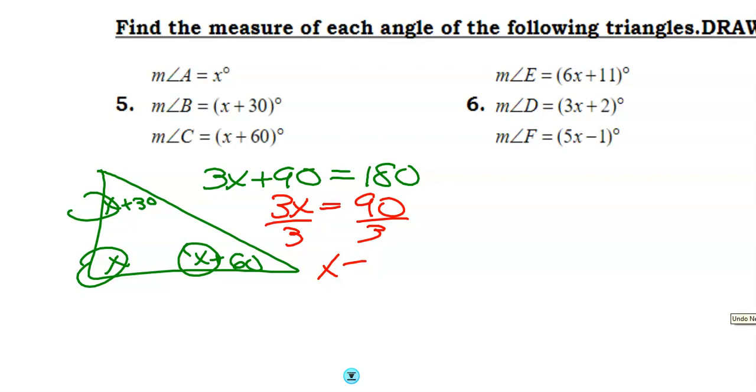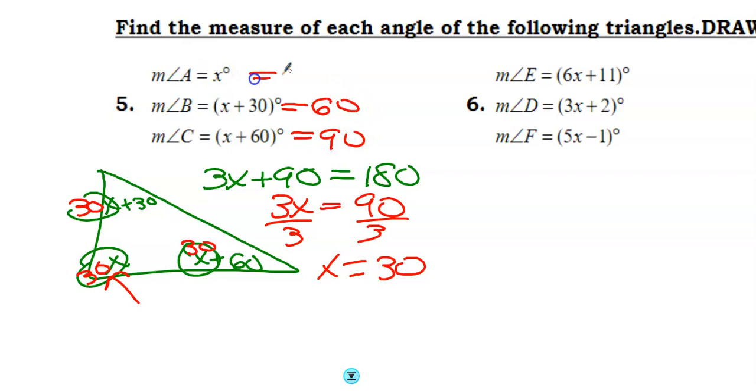It says I need to plug it back in this time. So I can't just have 30, I have to plug the 30 back in. So 30 plus 30 is 60. 30 plus 60 is 90. And then the 30 is here. So then these three should add up to 180 degrees.